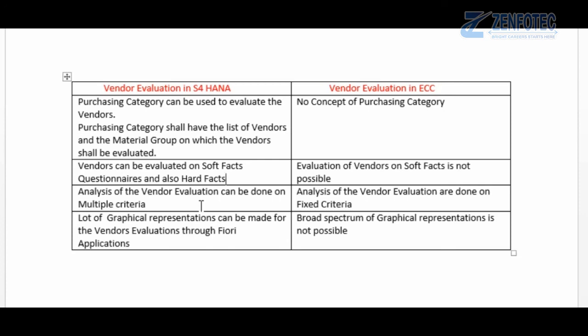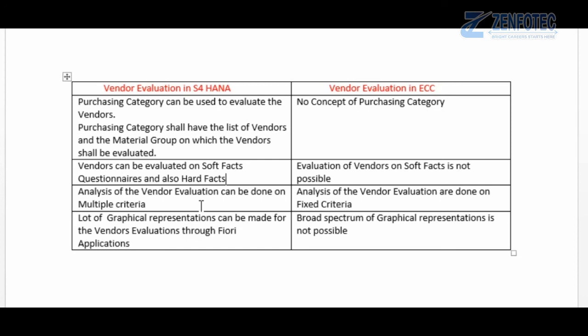We can go for the overall vendor evaluation, and the overall evaluation will give you soft facts and hard facts together. And we can go for the operational evaluation also, only the hard facts. And obviously we can also evaluate on the questionnaires. So all the permutation combinations can come for analysis of vendors. It is there in SAP S/4HANA, but not in our ECC.